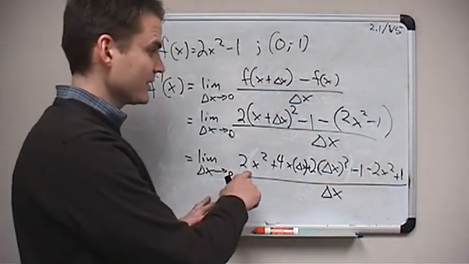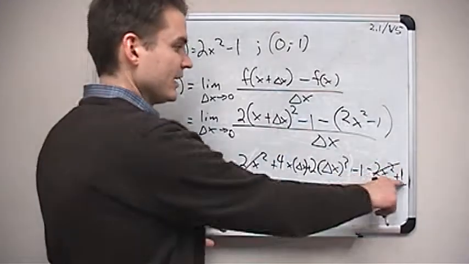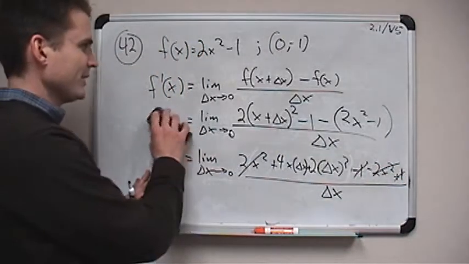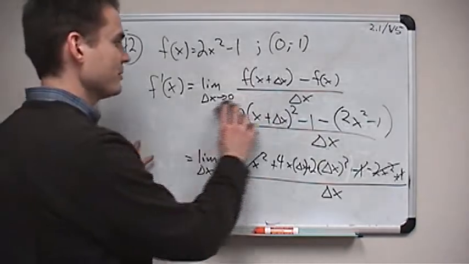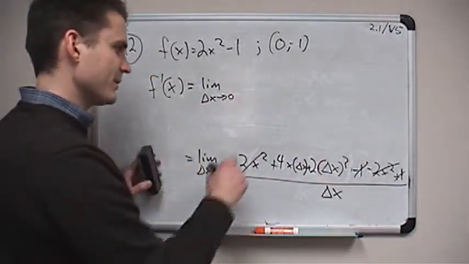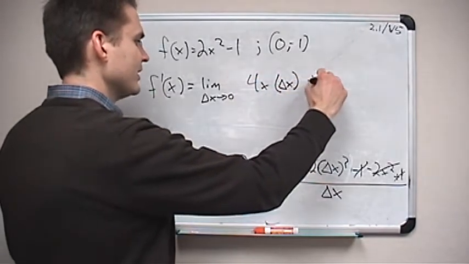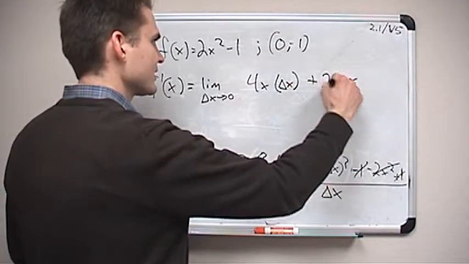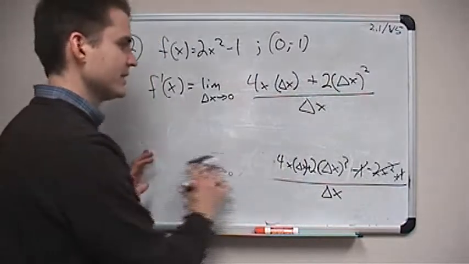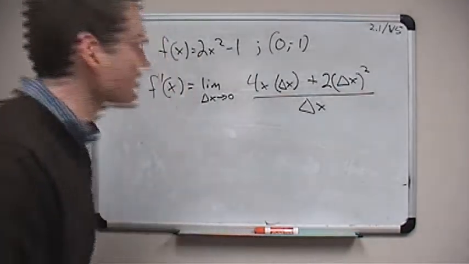I've got a 2x squared and a negative 2x squared. I've got a minus 1 and a plus 1. Those cancel. And finally, what I have left, and again I'll have to erase it and go back up here, the derivative is the limit as delta x approaches 0 of 4x times delta x plus 2 times delta x squared all over delta x. And just as we've seen time and time again, this is the point where we can start using some direct substitution.